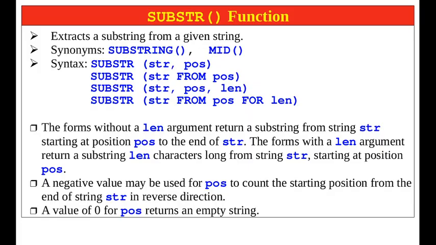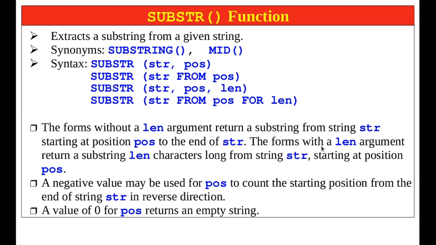Let's see from the presentation. Here in the first point we have written the same thing. The forms without a length argument return a substring from string starting at position to the end of the string.